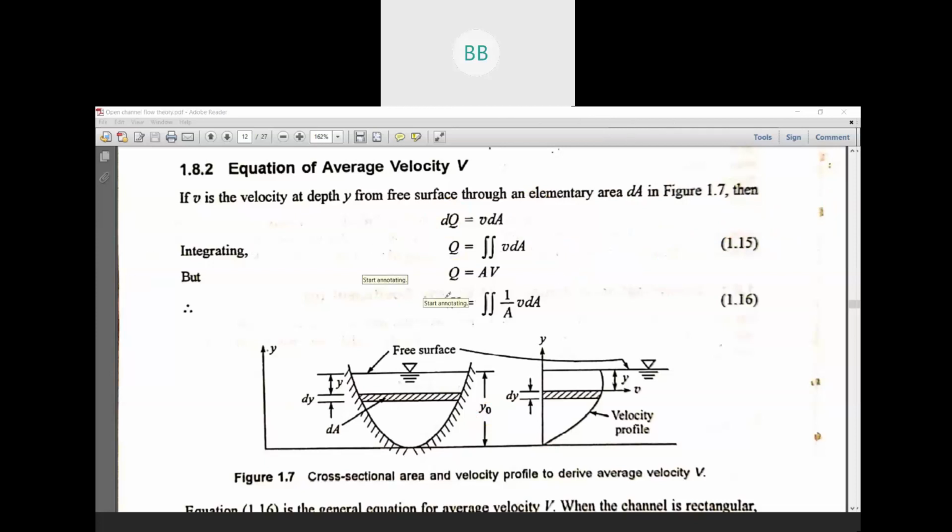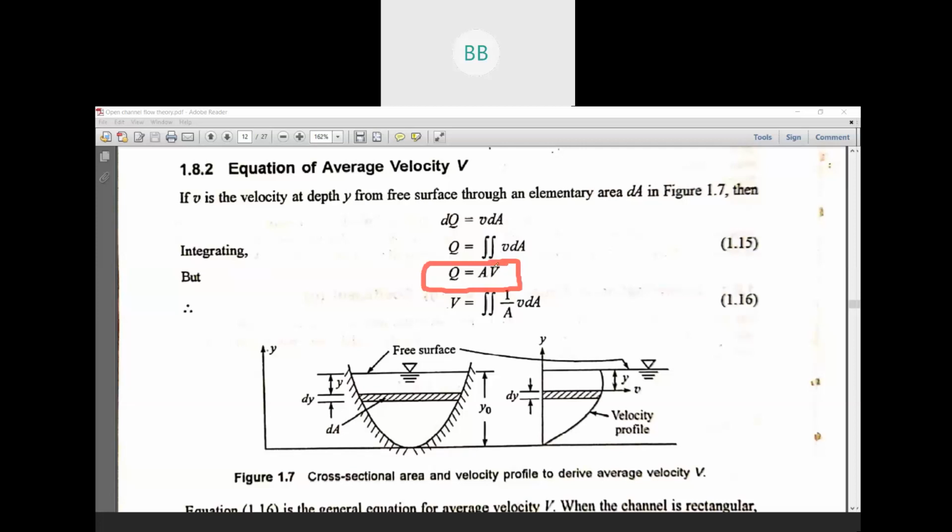If you want to find the discharge without considering the small elementary area, it is very simple. Discharge equals area into velocity, where capital V is the average velocity and capital A is the cross sectional area of the section. Our intention is to find the expression for this velocity.